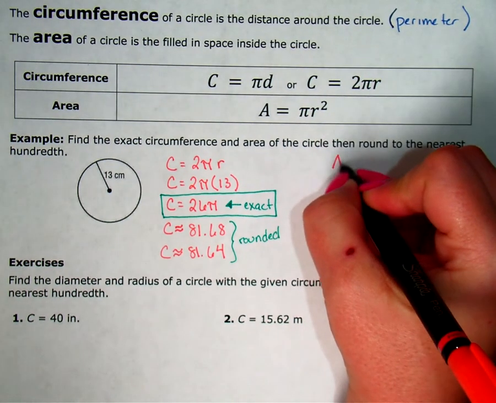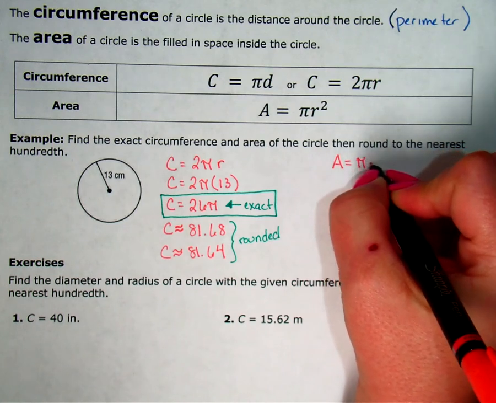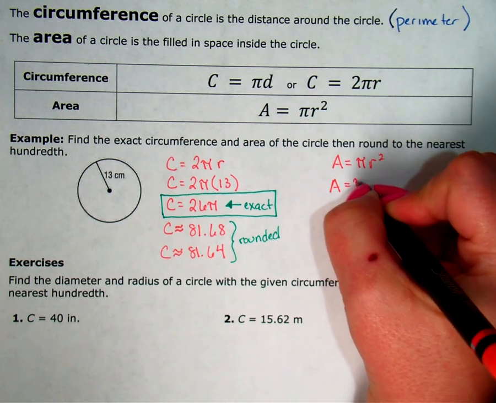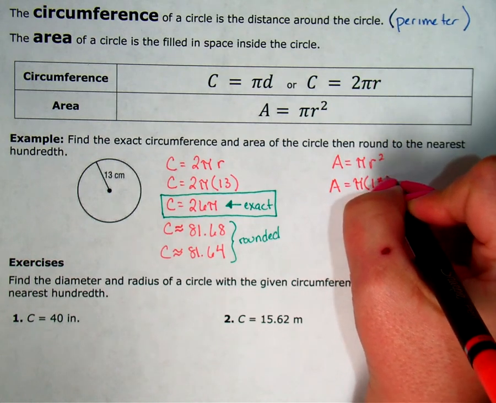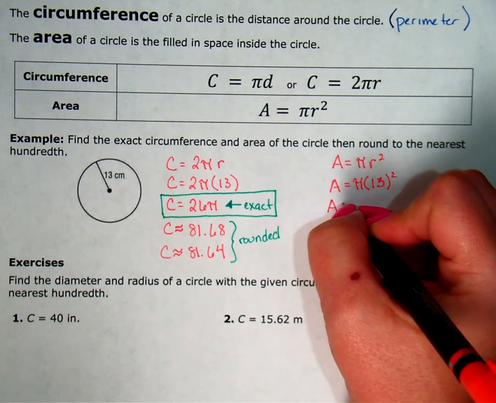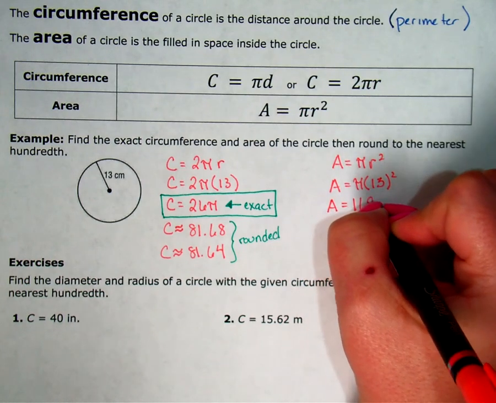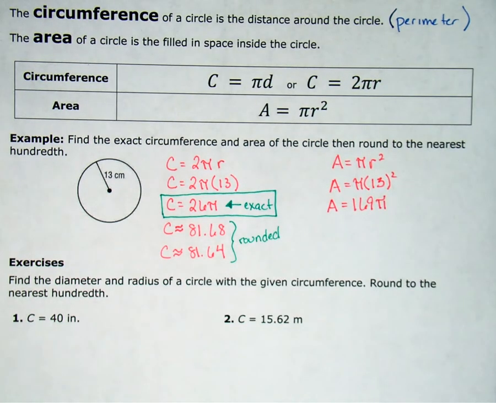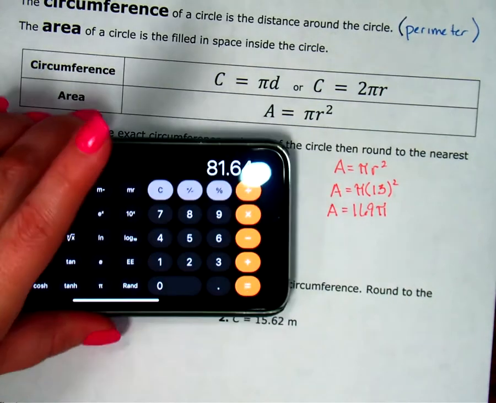Area equals pi r squared. So my area equals pi times 13 squared. So when I put that in the calculator, the 13 squared times pi, then I'm ready to put that in, and remember I can do it two different ways.